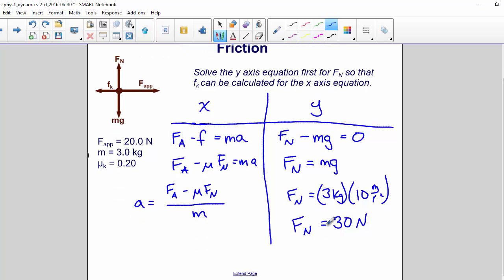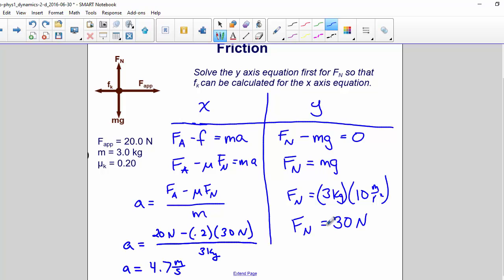Now if we plug in our numbers, A would be equal to 20 newtons minus 0.2 times 30 newtons divided by 3 kilograms. So the acceleration A is equal to 4.7 meters per second squared.